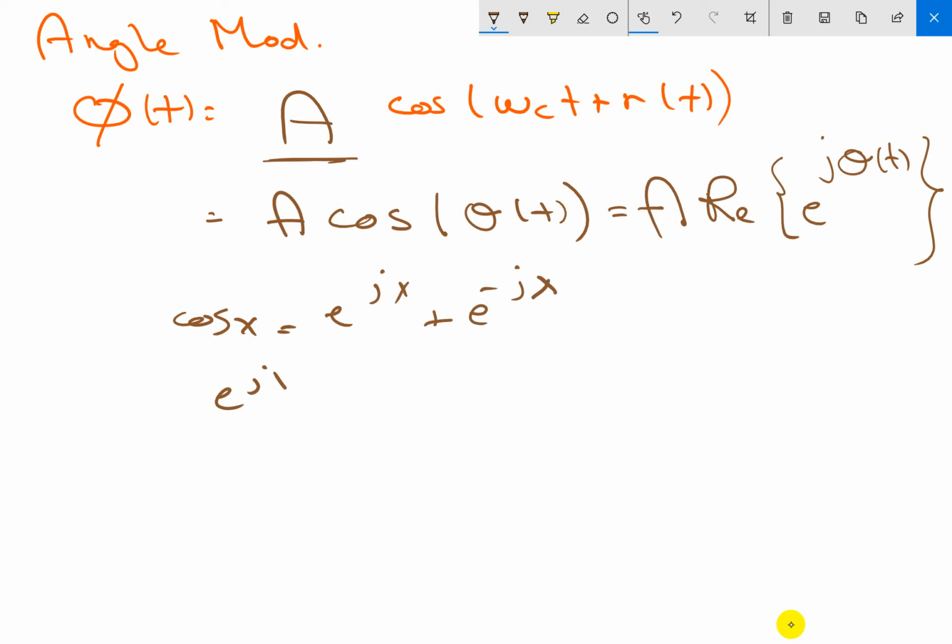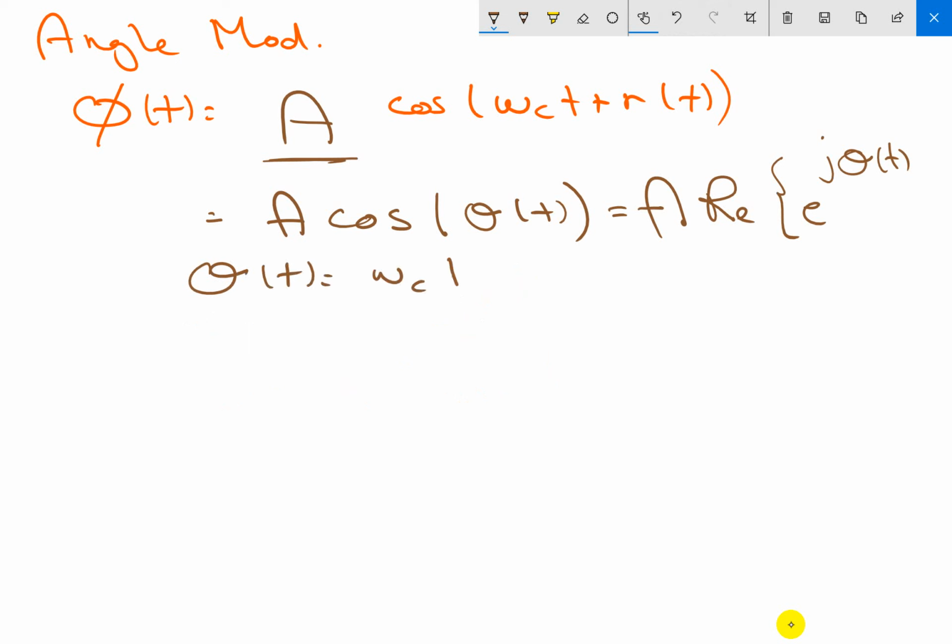So e to the jx is the real value of cosine x. Okay, this is the real part of cosine x. If we return back, then the theta of t, it's obvious from the above equation that theta of t equals omega ct plus r of t.